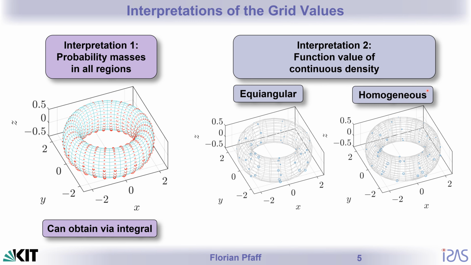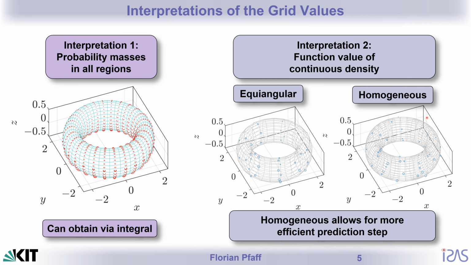Then there is a way to put a more homogeneous grid. This one was obtained via Lloyd's algorithm. So you maximize some distance between these points to cover it more uniformly, because here you would not have any information about what happens in this region, and you have a better coverage if you distribute them like that.